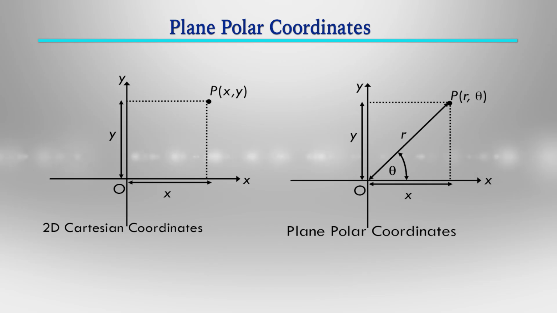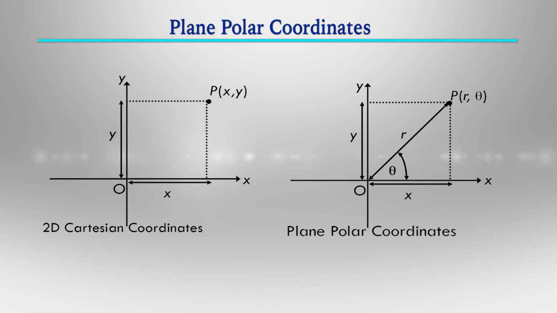Now, suppose I want to look at another way of locating this particle. One way is by defining its x and y coordinates. Let us say that I want to define the position of the particle in terms of the distance of the particle at the point P from the origin, that is, I call this distance r, and I use another coordinate which is the angle that OP, the line joining the point to the origin, makes with the x-axis.